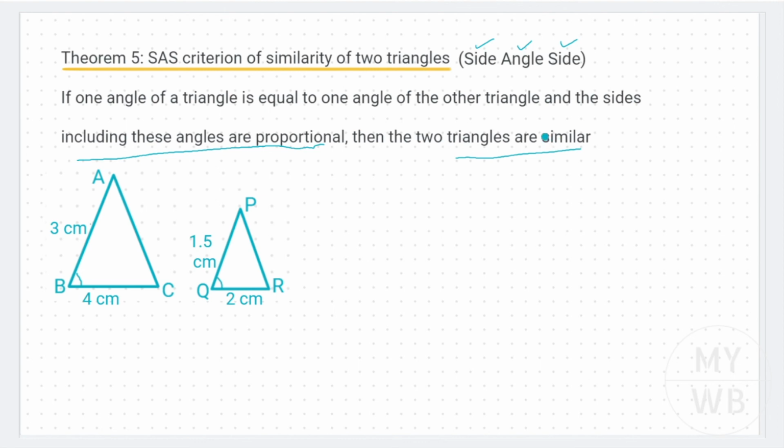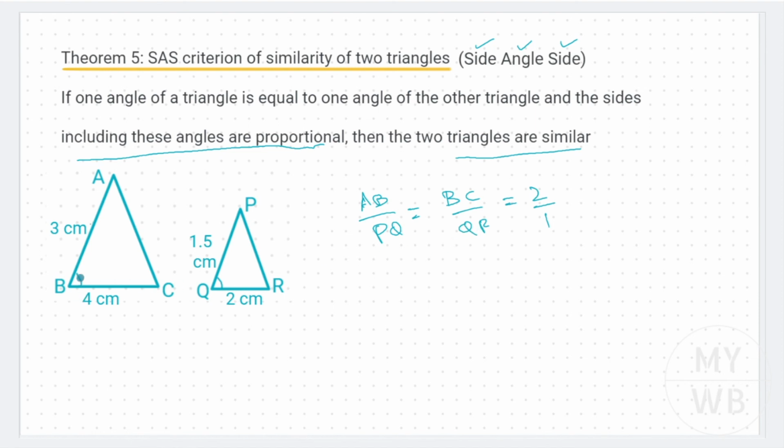So in these two triangles, we see that AB by PQ is equal to BC by QR, which is again 2:1. So two pairs of sides are given and we see that they are proportional to each other.